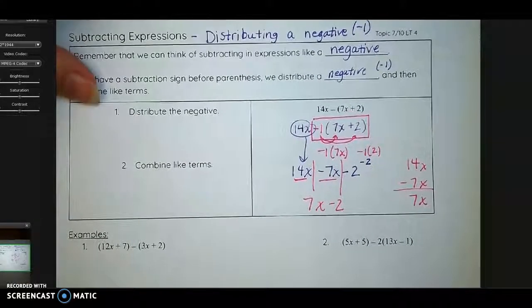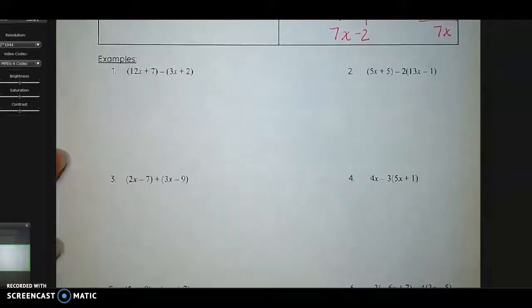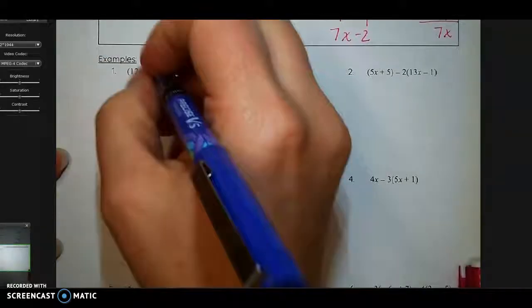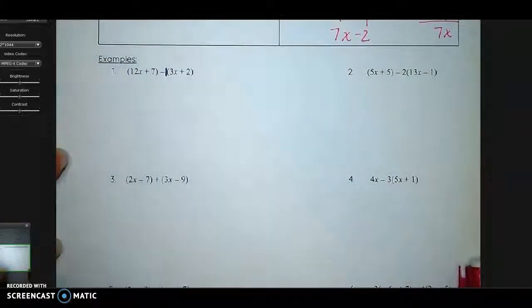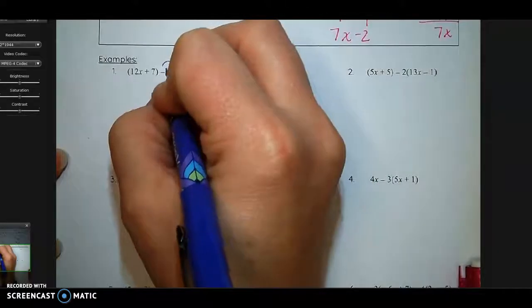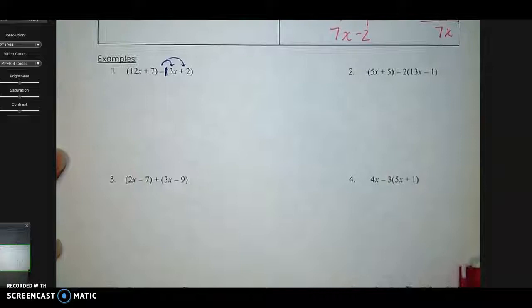And we're just going to work through some examples down here is all we're going to do. So like I said, in our class we have been going through and talking about dividing them up into terms. So the first thing we're going to do here, remember we have that -1 and we're going to distribute that -1. Remember what I said, the only thing that's happening there is I'm finding the opposites of the numbers.